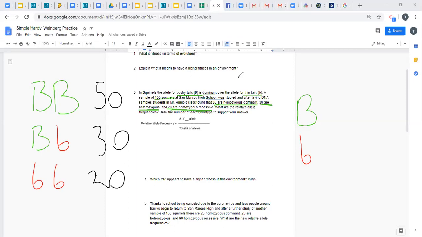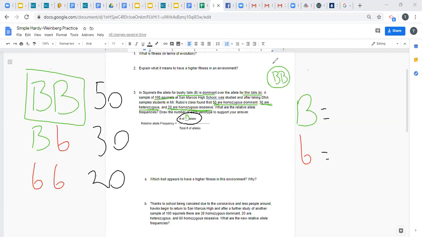So the next step is to figure out, what's my number of each of these individual alleles? That's the part I need to do here. We'll start with the number of B alleles. I know that every squirrel, so I'm going to say this circle is a squirrel, every squirrel has to have two alleles.